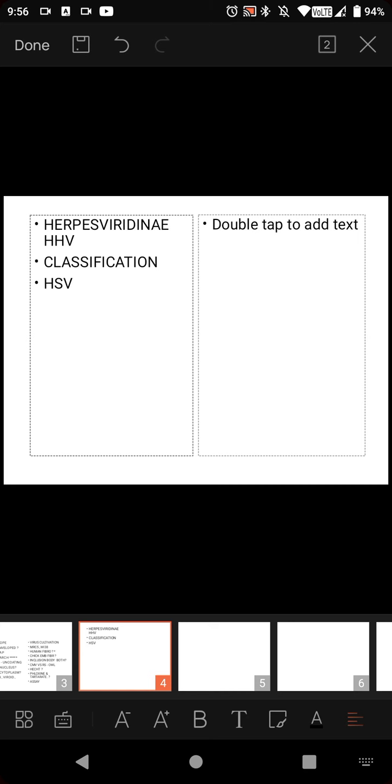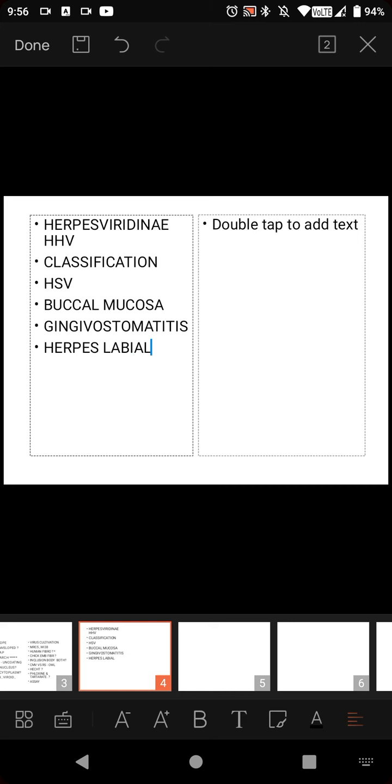And coming to the clinical features, orofacial lesions. The most common site is the buccal mucosa. Gingivostomatitis and herpes labialis.